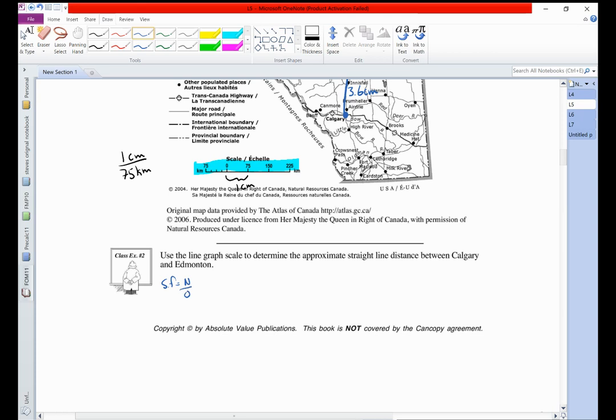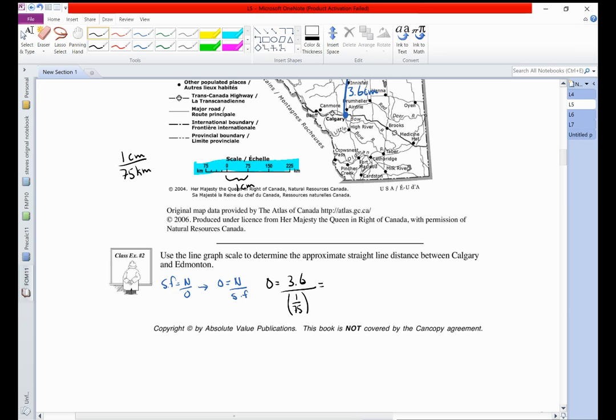We are solving for the original. So the equation is going to look like original is equal to new divided by scale factor. And so I can plug everything in. I'm looking for original. My scale is 3.6, and I'm going to divide it by 1 over 75.